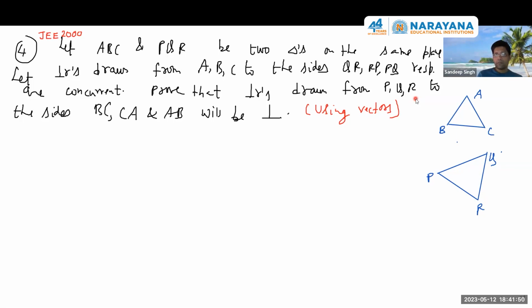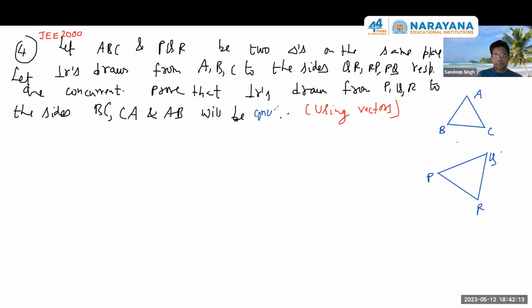So you want to try for 1 minute? Try this. Then I will tell you. Perpendiculars from PQR to BC, CA will be concurrent. We should prove that. Oh, sorry, yes, you are right. This will be concurrent.